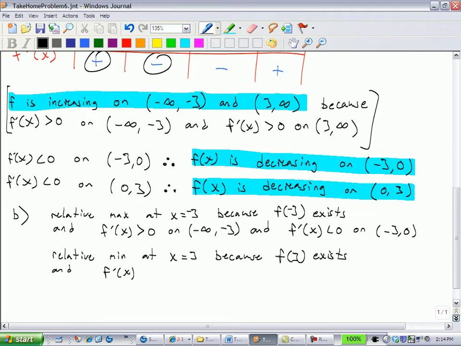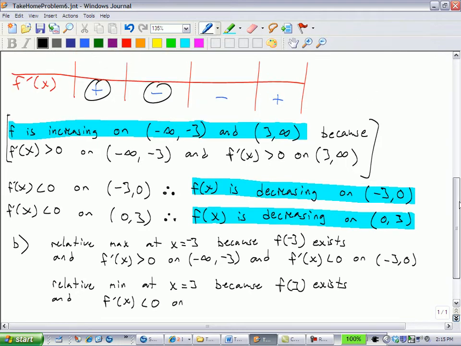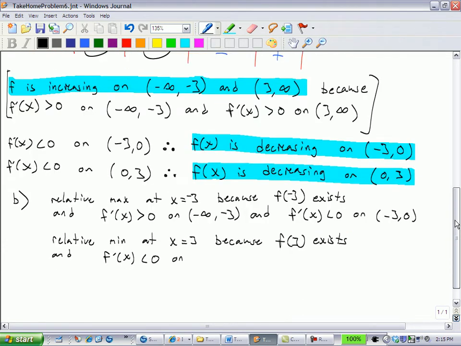Think about it real quick. If you formed a minimum, did you come in going down and go out going up, or is it the other way? Down to up, okay. So 0 to 3.